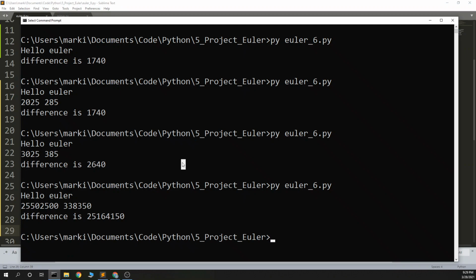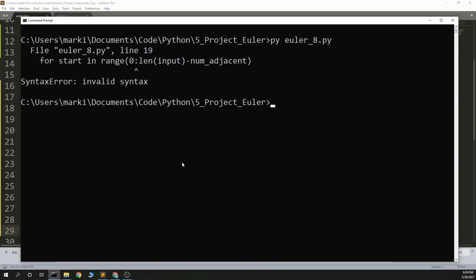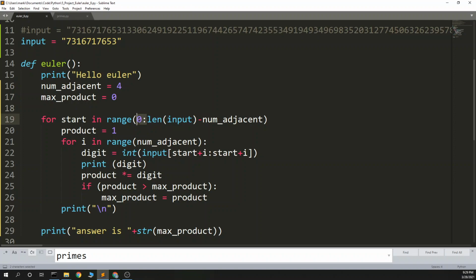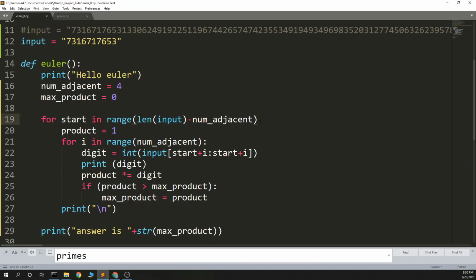So this is Euler 8. Python Euler8.py. Or start and range. We don't need that 0. We're missing a colon.